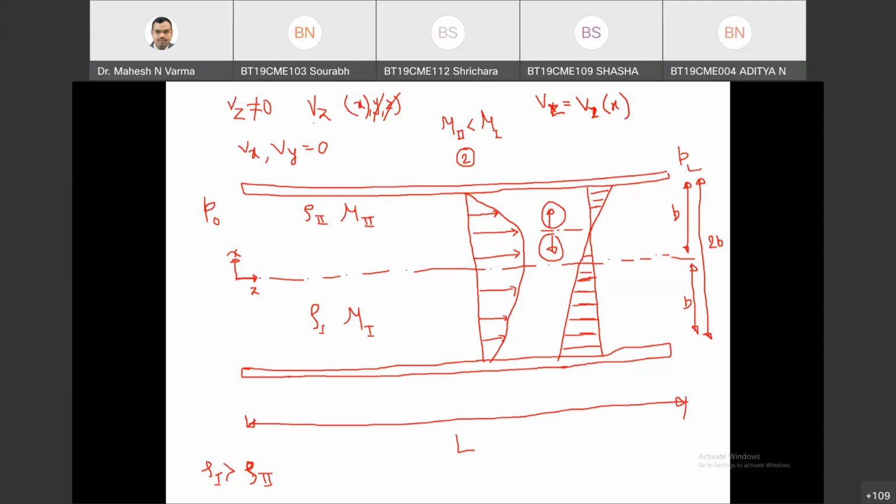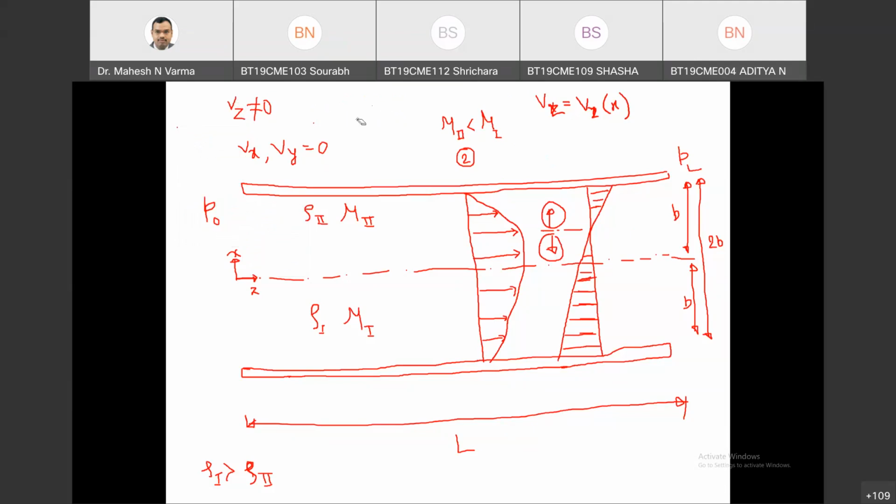Sir, only in X direction. No, only Z momentum is important. The velocity in Z is causing momentum in the X direction.